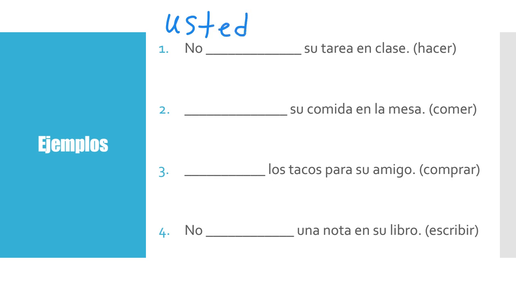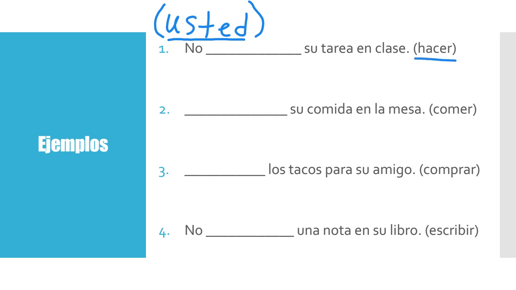Okay, so remember in English class, you used to have to put you and then put parentheses around it to show that that was your subject, and then you underlined it 1 time, right? You remember this, right? Great memories of your childhood. So really that's all that's happening here as well. Every single one of these sentences is an implied usted. We know who the subject is. You do this, you don't do that. So here in the first one, we're saying you don't do your homework in class.